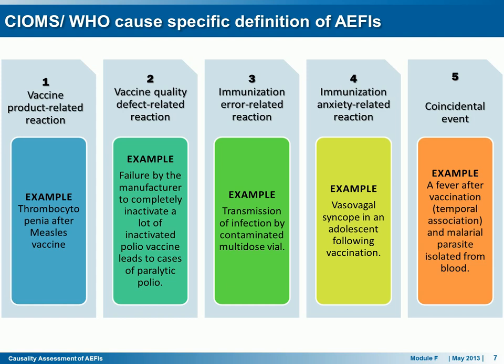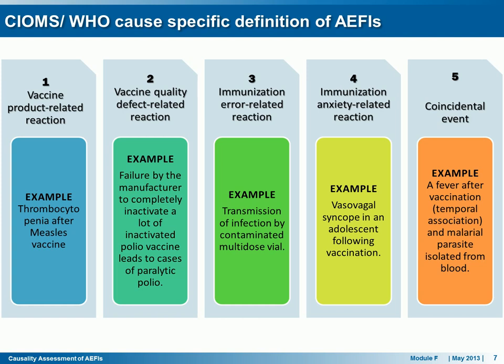The fourth one is the immunization anxiety related reaction, which occurs as a result of anxiety about immunization. Sometimes we know that especially teenage children can develop vasovagal syncope following vaccination.